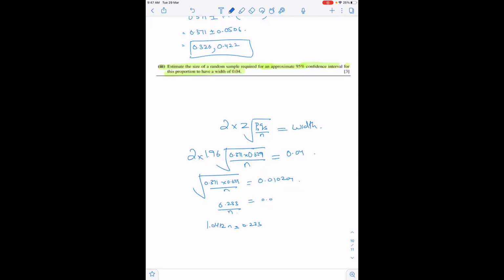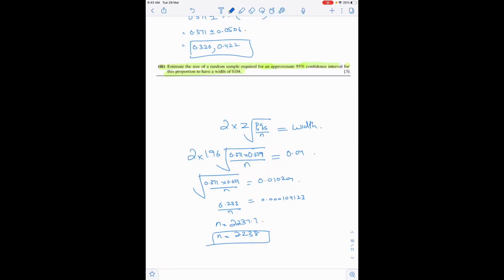So it's going to be 0.000104123. Okay, now I'm going to divide 0.233 by this answer. It's 2237.7. So you'll write n equals 2238.